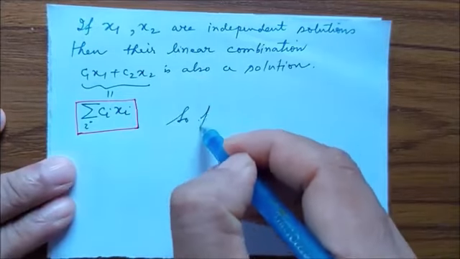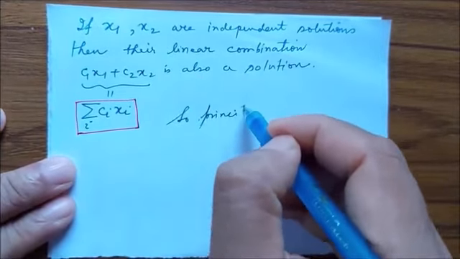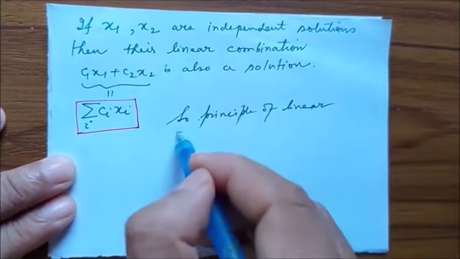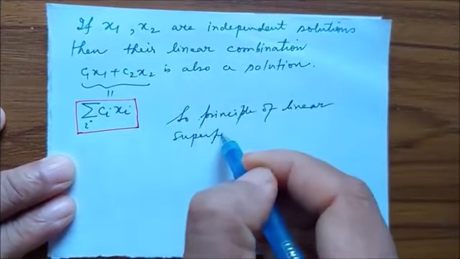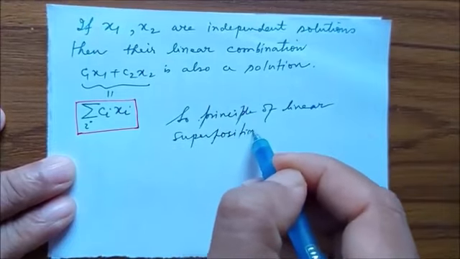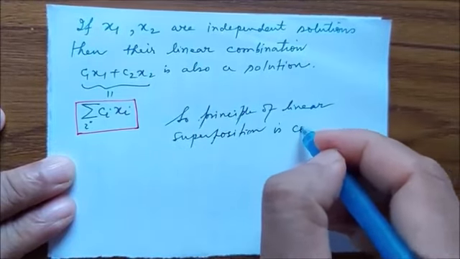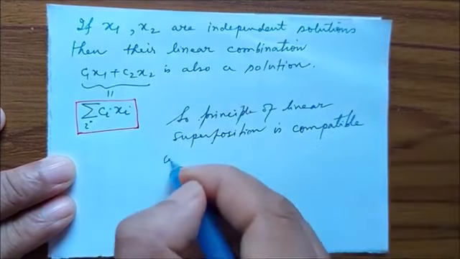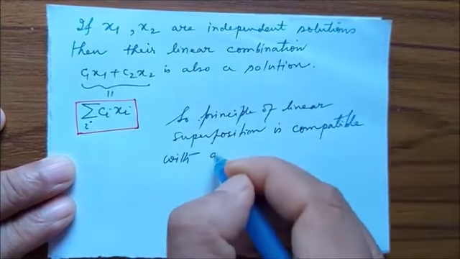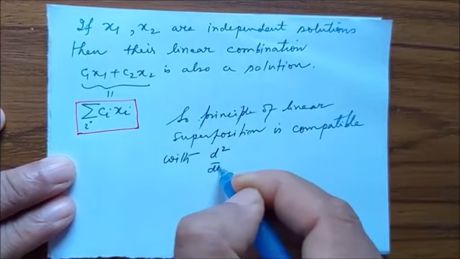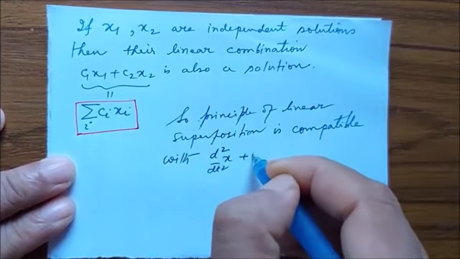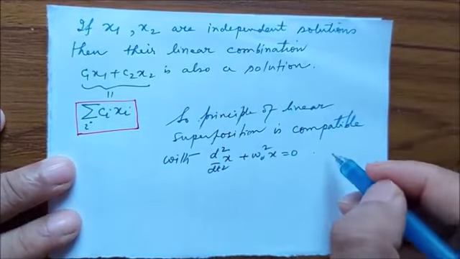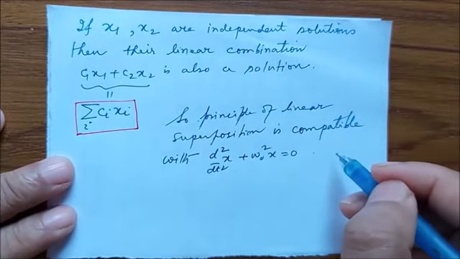So, the principle of linear superposition is compatible with the differential equation that describes a system, say an oscillator.